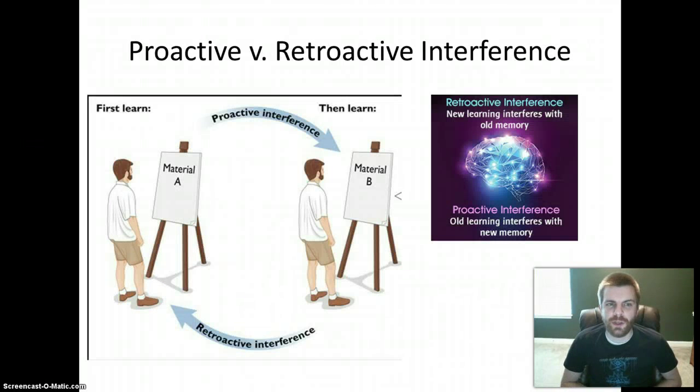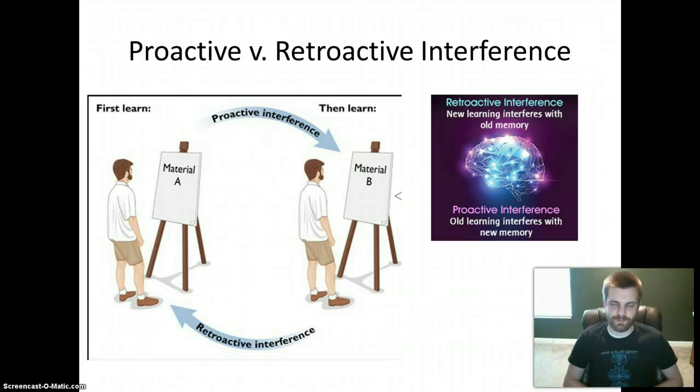Also, in regards to memories, we have proactive versus retroactive interference. This is one of the most commonly confused concepts in our AP Psychology class. When you have proactive interference, it means that old learning is interfering with new memories. If you have retroactive interference, it means that new learning interferes with your old memory.